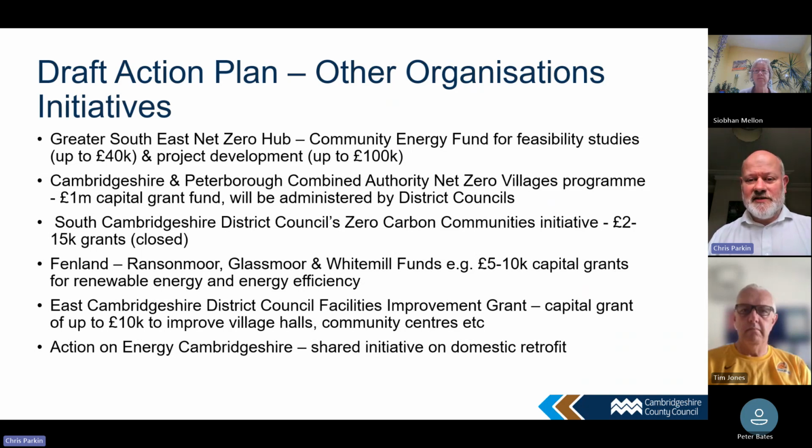Those are available to residents both for grant funded work for residents who are eligible for the Home Upgrade Grant, which is a grant for residents on lower incomes in lower efficiency properties. But those contractors can also be used by self-funding residents who wish to make use of contractors that have been vetted by the councils.